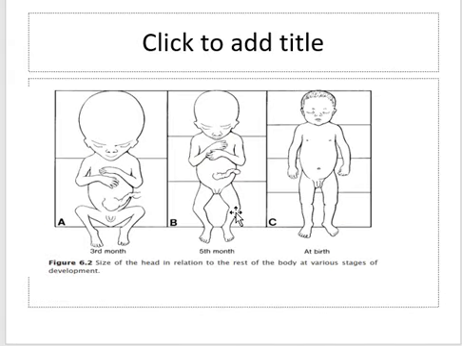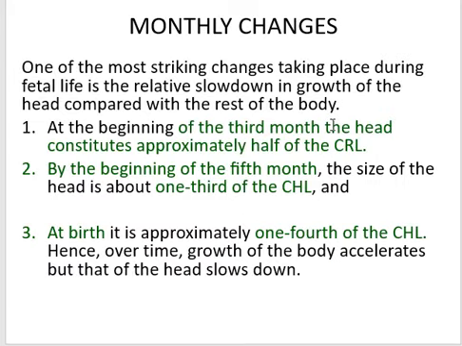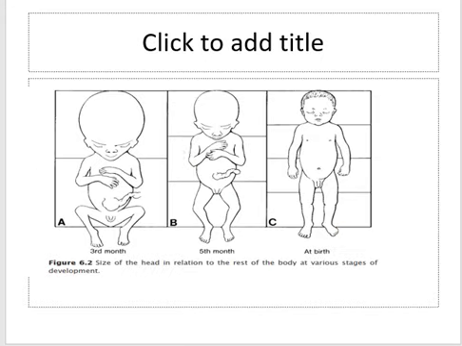Here in this diagram, you can see that this is the head and its circumference is half of the rest of the body, crown rump length. So head is half. As you can see, at the third month the head constitutes approximately half of the crown rump length. Here you can see the fifth month.